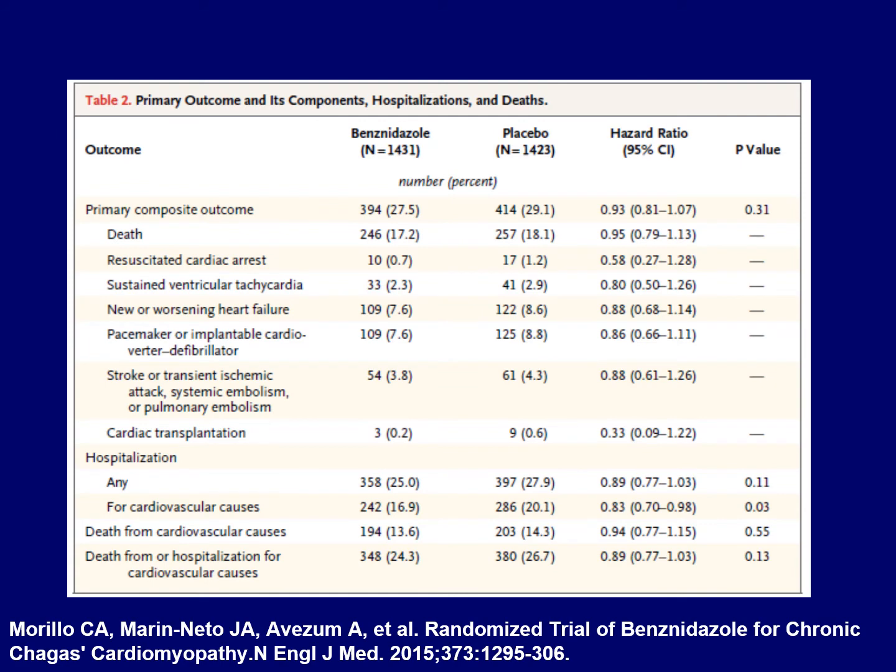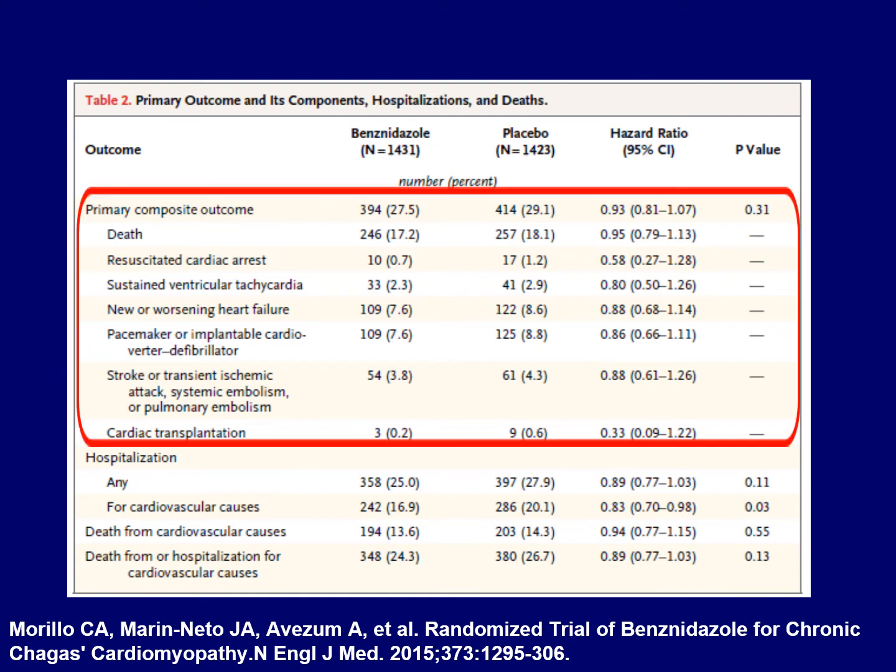Perhaps what's most disappointing in this trial is that the benznidazole treatment did not have a significant effect on the primary outcome. The primary outcome was death, resuscitated cardiac arrest, sustained ventricular tachycardia, new or worsening heart failure, pacemaker or implantable cardioverter defibrillator, stroke or transient ischemic attack, systemic embolism, pulmonary embolism, and cardiac transplantation.